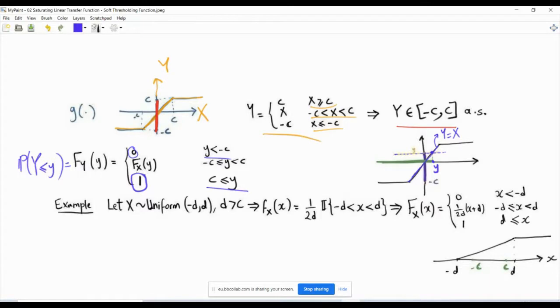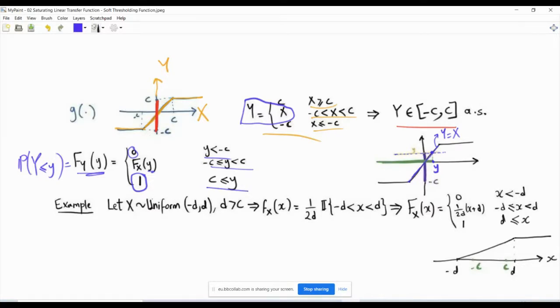Which basically says that the CDF of y on this range will be the CDF of X evaluated at y. Again, it's not a surprising thing. Y is equal to X over this range. So the CDF of y will be the CDF of x evaluated at small y.